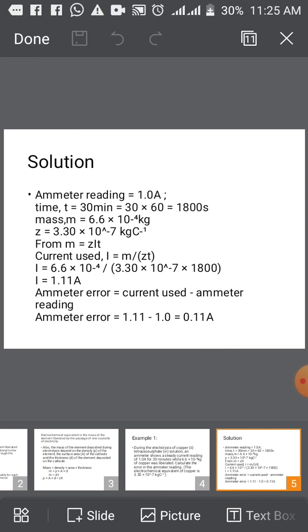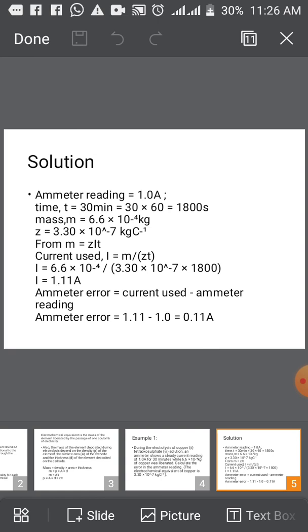Electrochemical equivalent Z is equal to 3.30 times 10 raised to the power minus 7 kilogram per coulomb. From the equation, m is equal to Z multiplied by I multiplied by T.